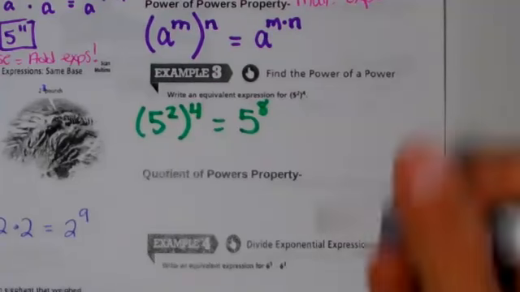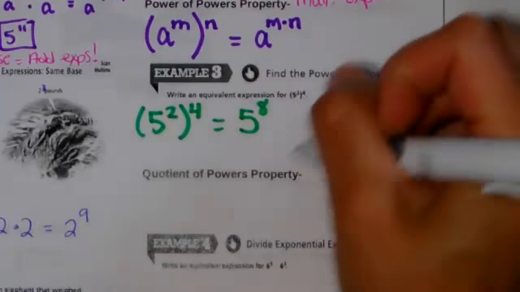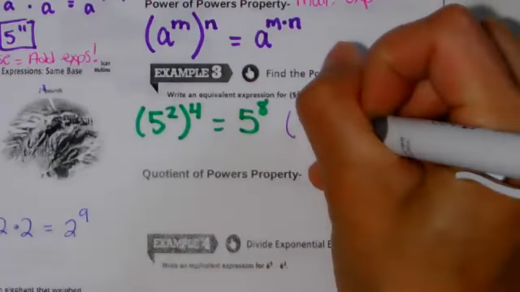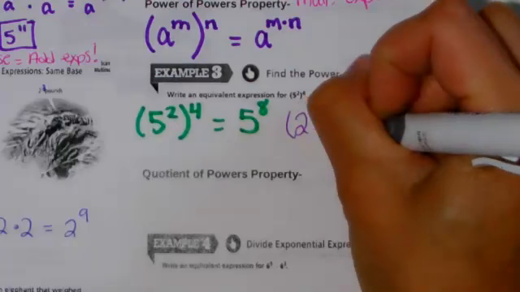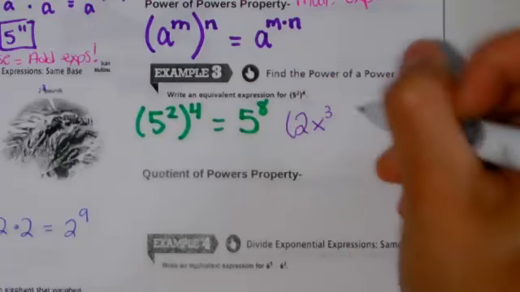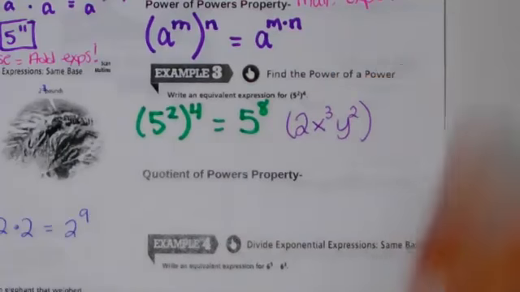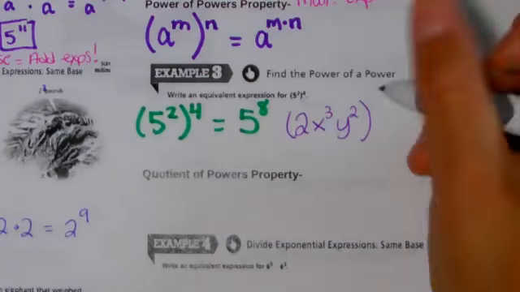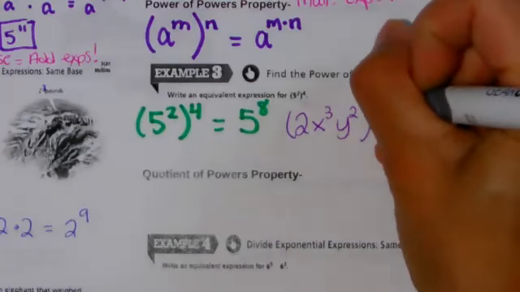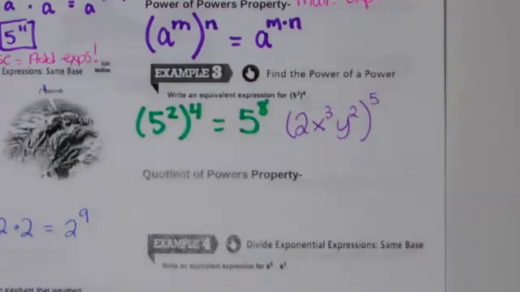Let's say you have 2x to the 3rd power, y to the 2nd power, and then you have a 5 on the outside. Okay?